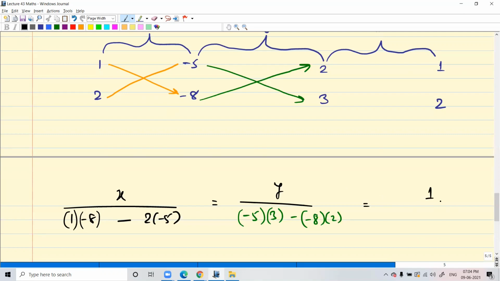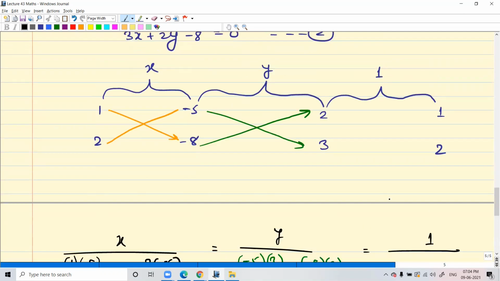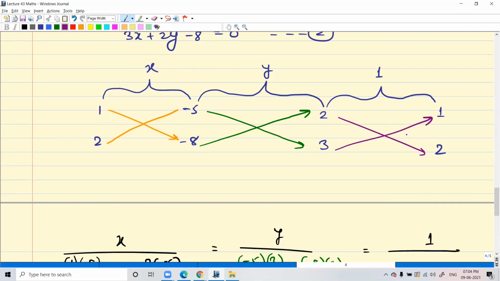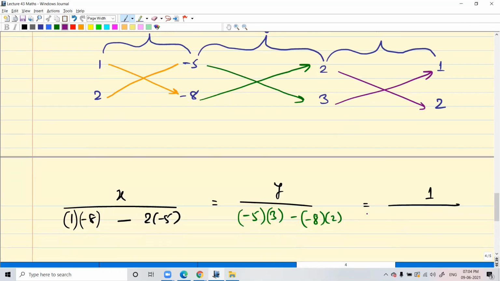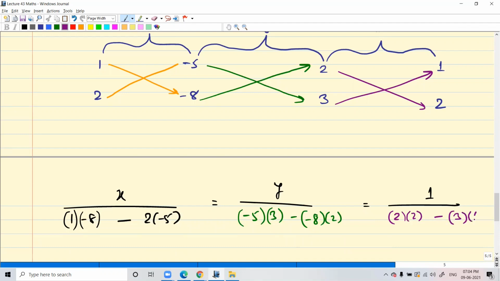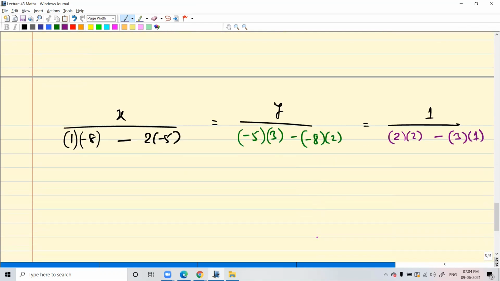And that will be equal to 1 by this last number: 2 will multiply with 2 and 3 will multiply with 1. So 2 into 2 minus 3 into 1.